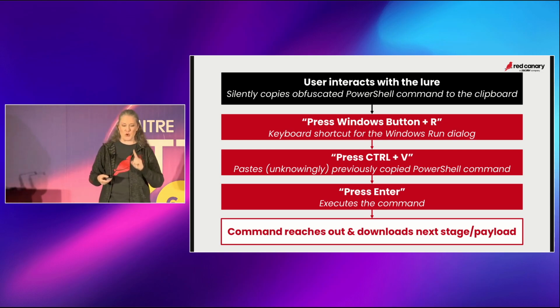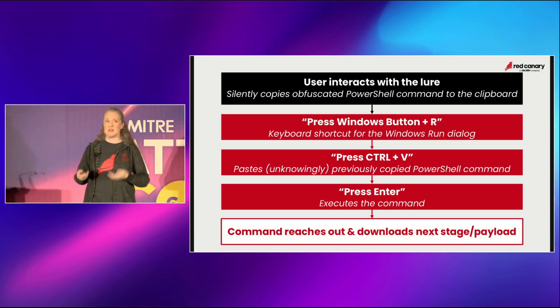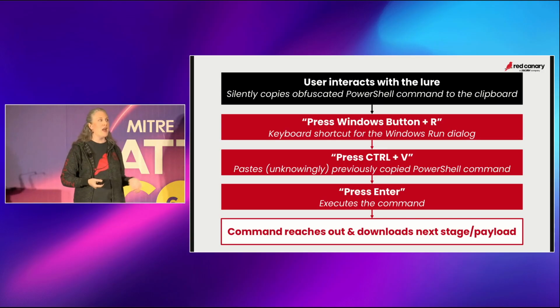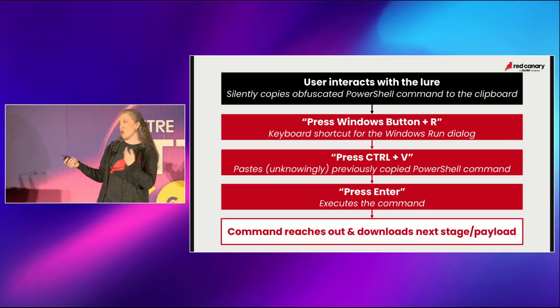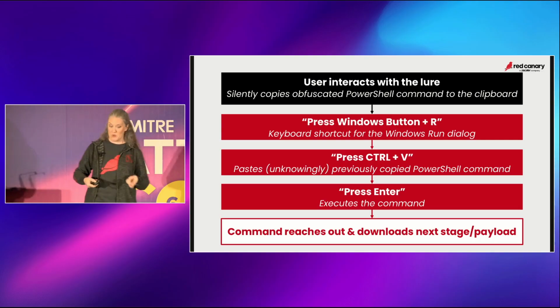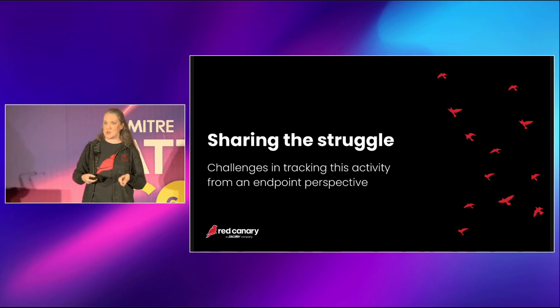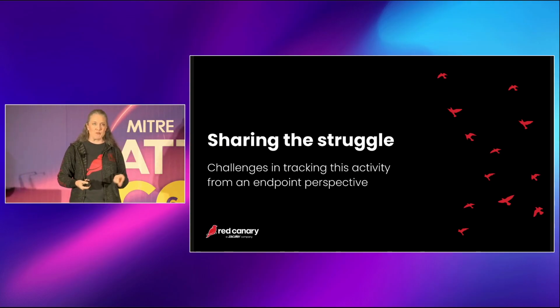So it's even sneakier. They will prompt users to press Control and V to paste the copied PowerShell command, prompt them to press Enter, and then the command will reach out and download the next stage or the payload. This has proven to be wildly successful and shows no signs of slowing down yet.